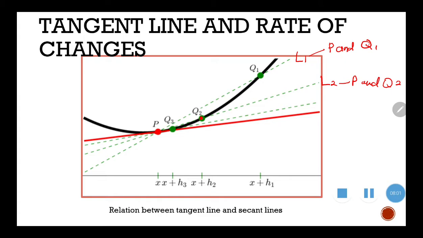Okay, so for this line, it might look like Q3 shares the same line, but it's not. It is just P and Q2. So for L3, it is P and Q3.